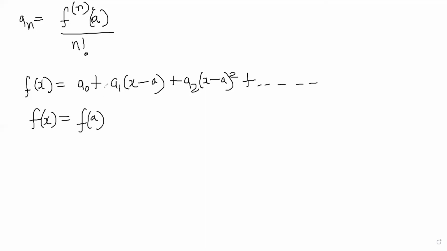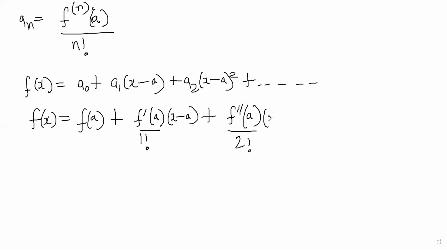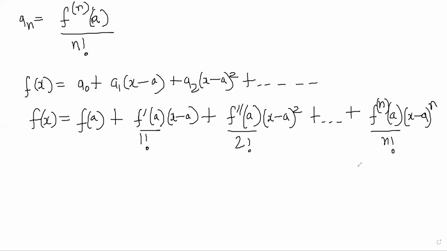When you put x is equal to a in the original equation. So f of a plus a1 becomes f dash a into x minus a, f dash a by 1 factorial actually. And this is f double dash a by 2 factorial, x minus a whole square. And similarly, nth term is f nth derivative at a by n factorial, x minus a power n plus so on. So this is my expansion.